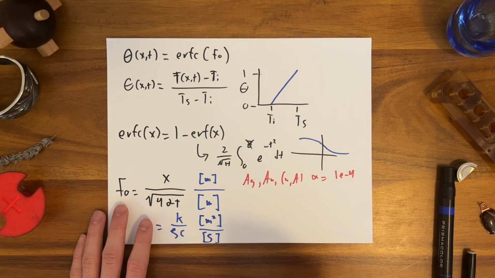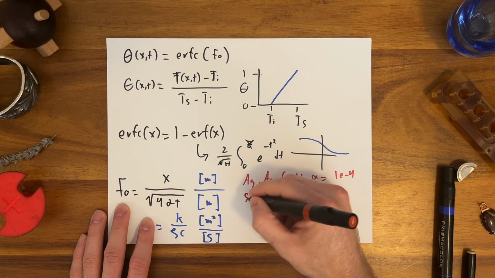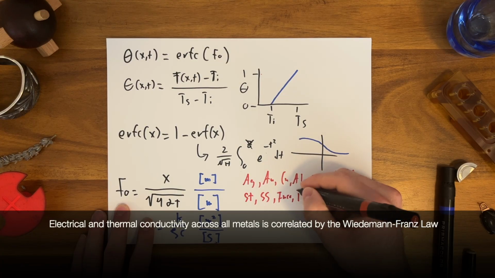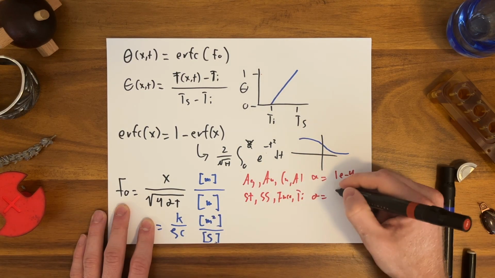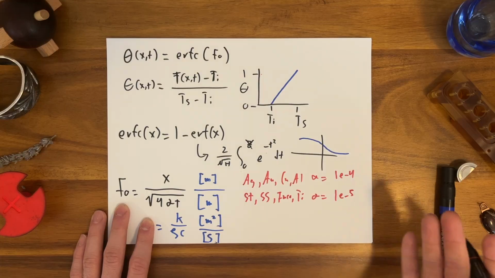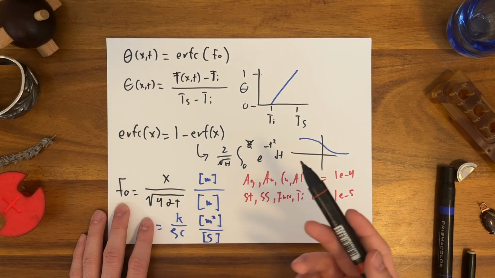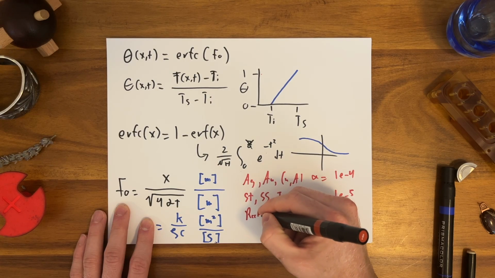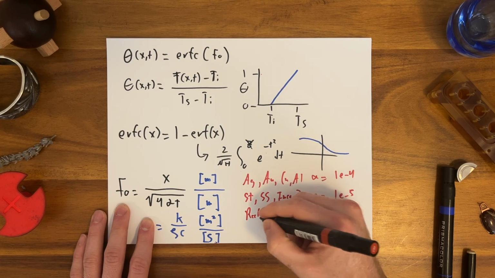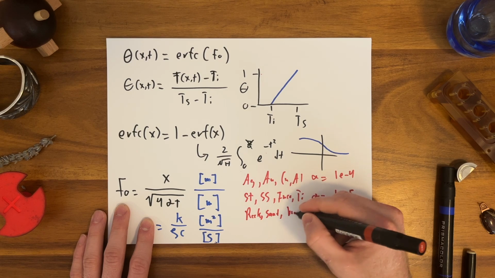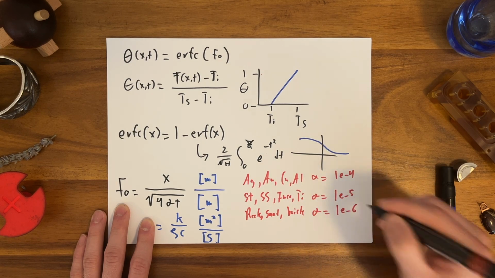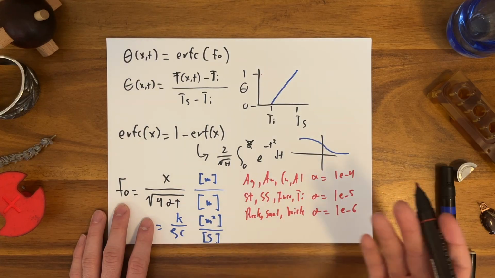If you are a dull structural metal, let's talk about steel, stainless, Inconel, titanium, alpha equals 1e minus 5, plus or minus a factor of 2. High carbon steel is on the high end, and a stainless is on the low end. If you're a rock, or sand, or some sort of brick, dirt basically, alpha equals 1e minus 6, also plus or minus a factor of 2 among friends.